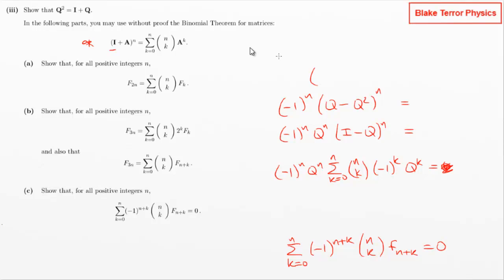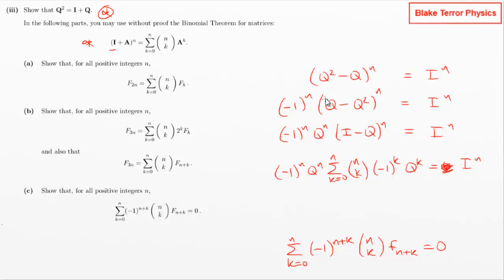Yeah, I can see we're coming back to this. If I take the minus in, I've now got Q squared minus Q to the n, which means that is I to the n. Yes, I to the n. So does that now work? I've said that I to the n is Q squared minus Q to the n. So that works straight off of this.